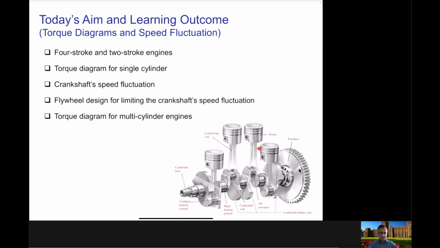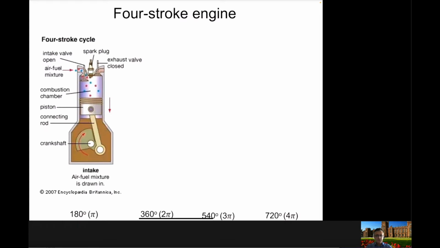If you have this sort of situation, how will you construct the torque diagram for this specific case? And finally, we will discuss some numerical examples so that we can apply the theory that you learn in these topics.